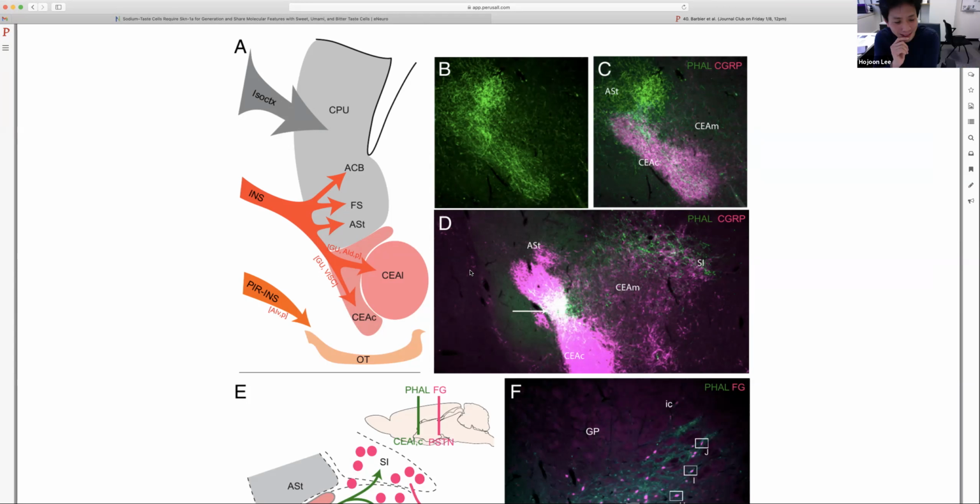Does anyone know what CEA is? That's the central nucleus of the amygdala. Okay, good. So it's the amygdala, right?